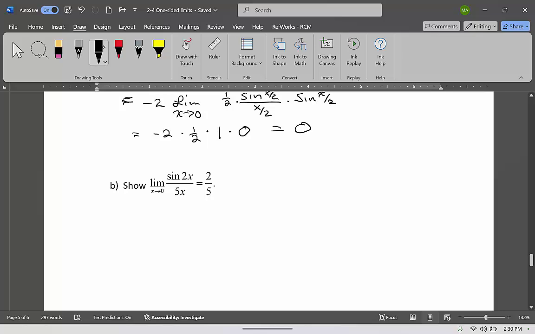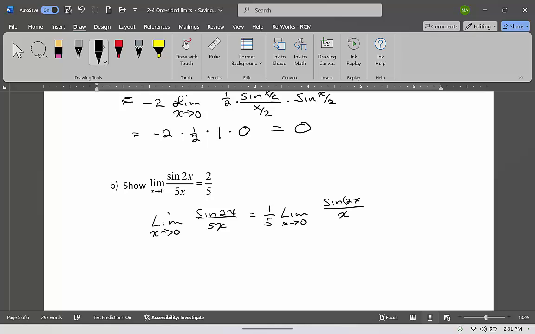So again, we want to show that this is equal to 2/5. So we're going to start by looking at the limit as x approaches 0 of the sine of 2x over 5x, which is going to equal 1/5 times the limit as x approaches 0 of the sine of 2x over x.